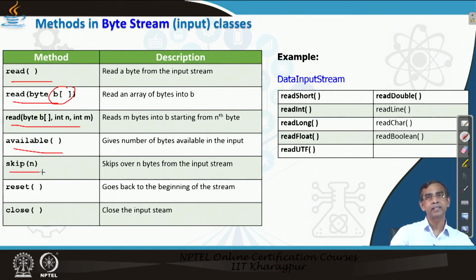Skip means you can jump instead of reading sequentially. Reset means that whatever you are currently reading, you can reset to the starting point. And close means the stream needs to be closed. Whenever you open a stream, you should always close it.